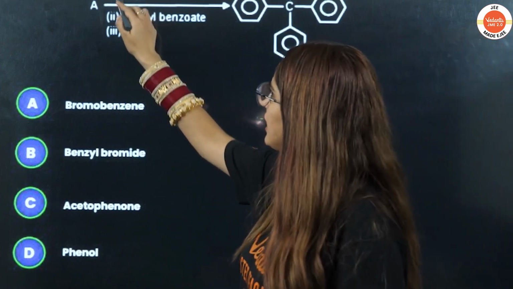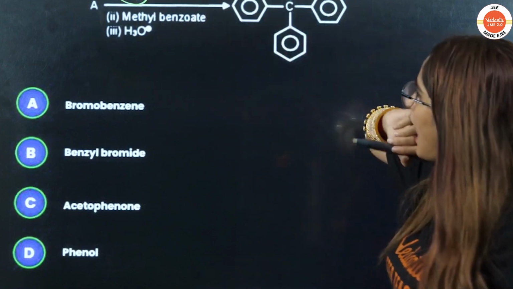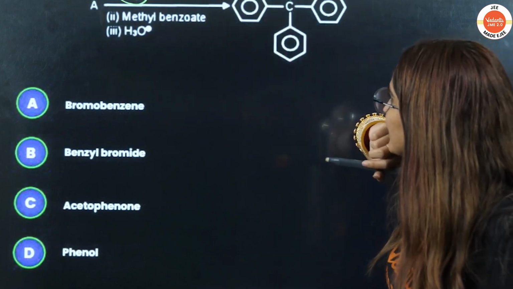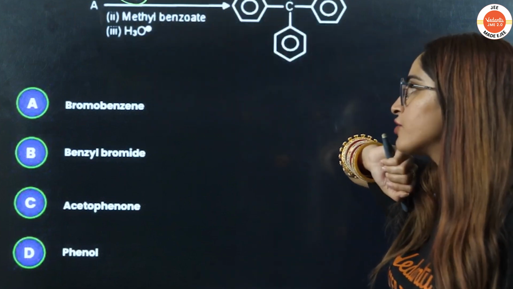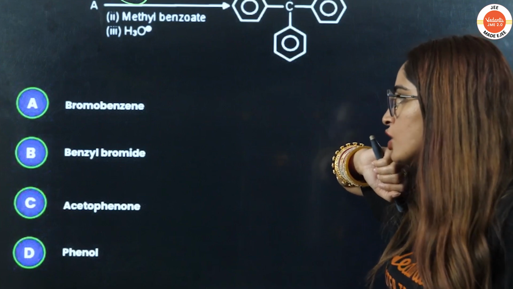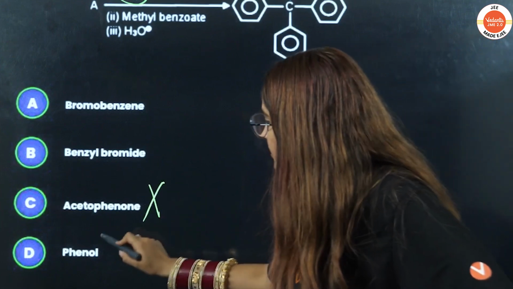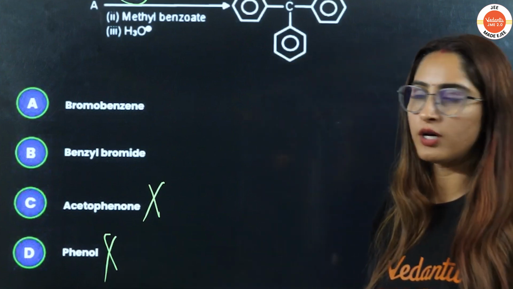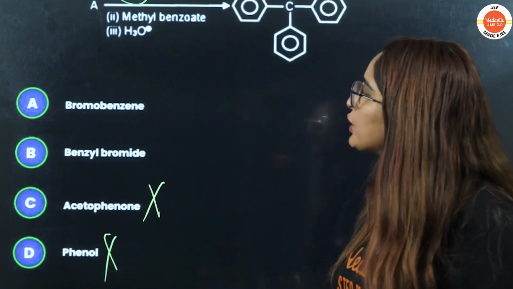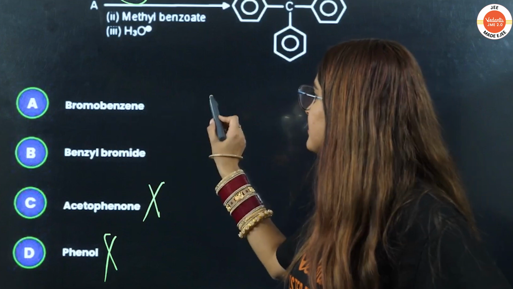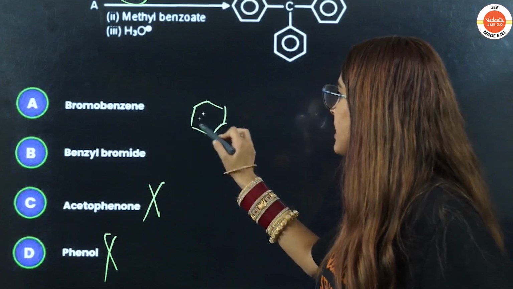By this Mg, I can clearly see that there is some Grignard reagent formation here, right? So that means I need to have a halide here. So this and this are automatically ruled out, right? So I need to have which thing? Either bromobenzene, which looks like this, right?